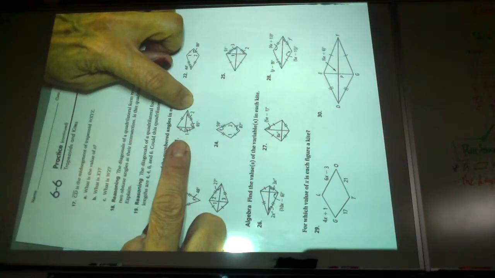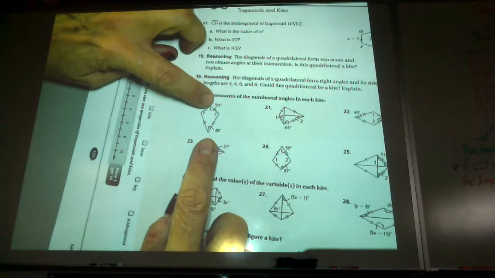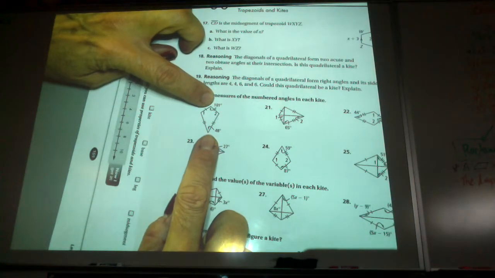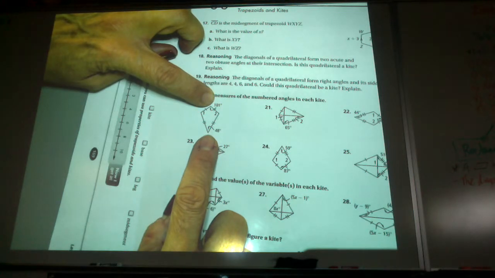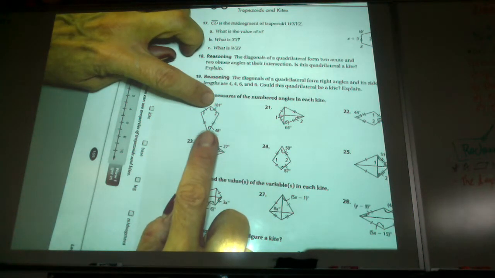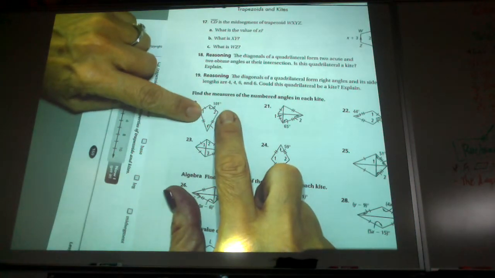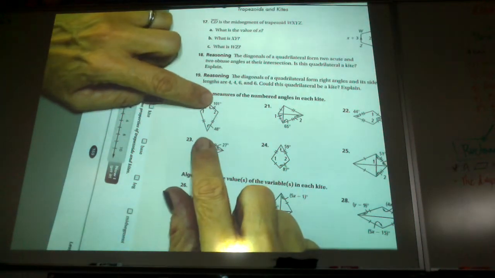Yes or no? Right? And look at this one. Are those the same? No. So it depends on how the kite is drawn. Obviously here, this one is not the same as that one. These two appear to be, but that one, not so.